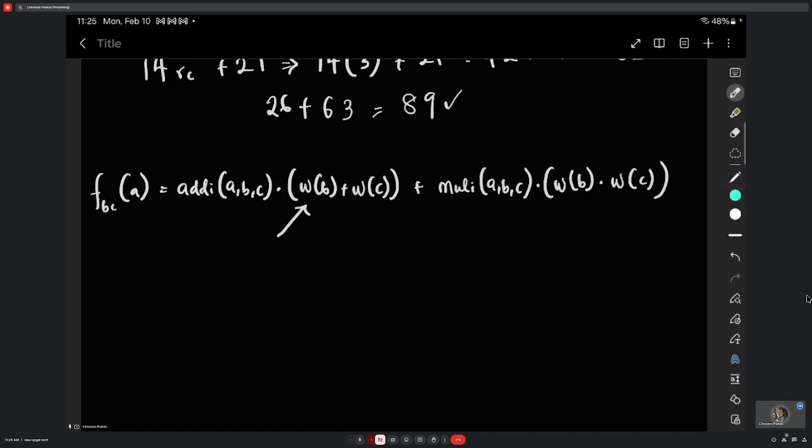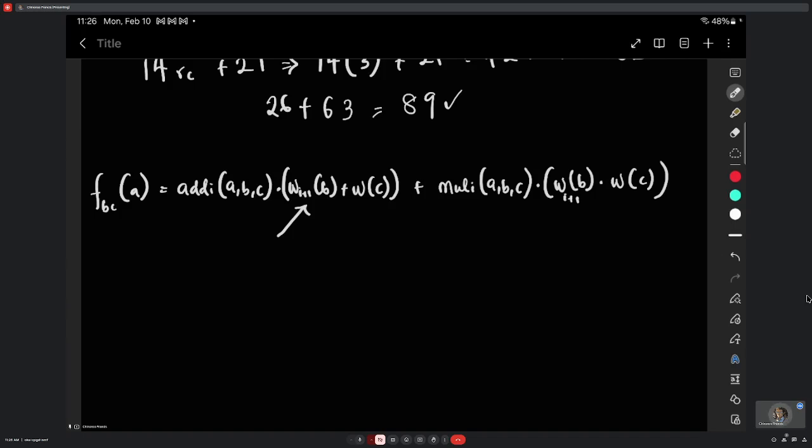Let's say this is I: add I, this WI plus 1, and this WI plus 1, because that's the layer feeding into the other.